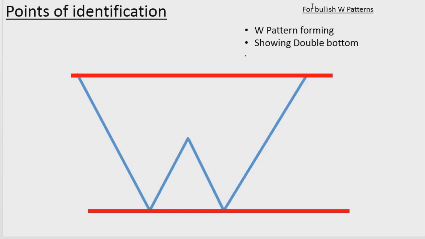So points of identification for the W pattern on a bullish trend is effectively what you see right here. Sometimes you'll see the W pattern may form on a longer time frame, a shorter time frame, but once again this pattern has to be from a new low formed that you would draw your trend line up to the new high, down to the previous low, which would usually show a double bottom, and then straight back up to the same point or a new point of resistance that the trade will usually move towards.